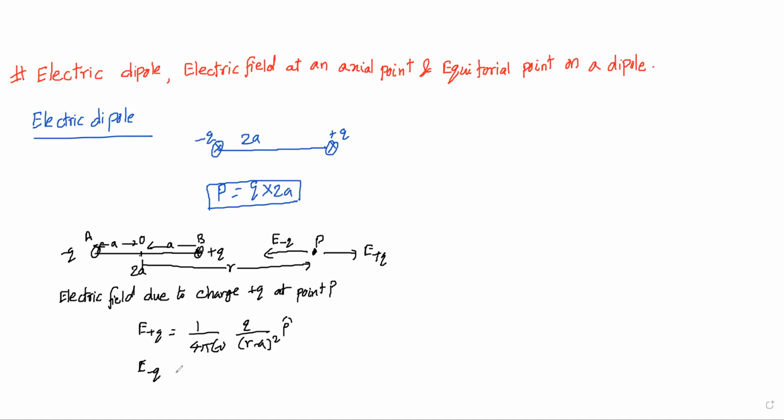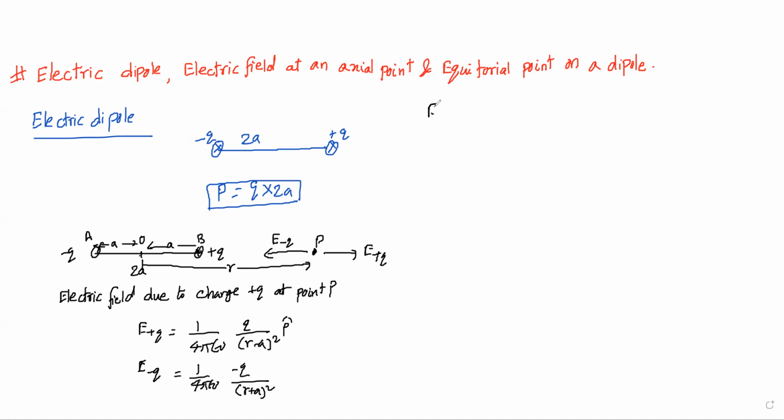E minus q, in the same way, is 1 by 4 pi epsilon naught minus q by r plus a whole square. Because from point P to center point, that is r, and from the center to minus q, that is a. R plus a is the total distance from minus q to P. At the same time, plus q to P, total length is r. In that, from center point to plus q, that is a, the remaining length will be r minus a. So those are the distances we considered over here.